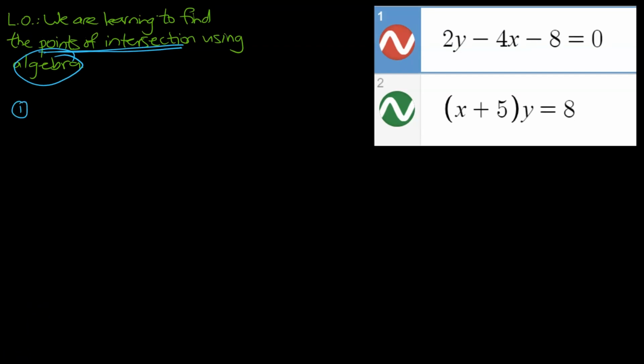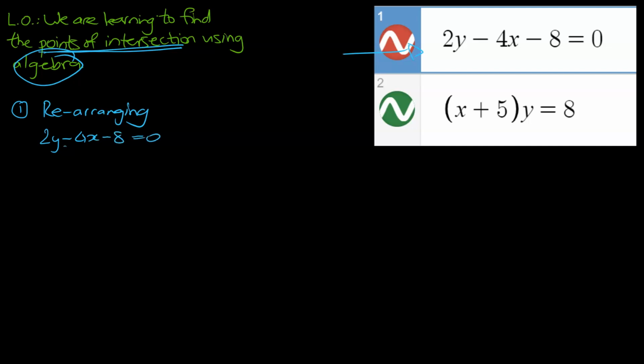Let's get into it. So first step is that rearranging step. We need to figure out which equation we can get y by itself. So we've got a y here, got a y here. The bottom one looks like a hyperbola, so that might be a bit more annoying to deal with. The top one does look like a linear line, so let's try to rearrange that one. So we've got 2y minus 4x minus 8 is equal to 0.